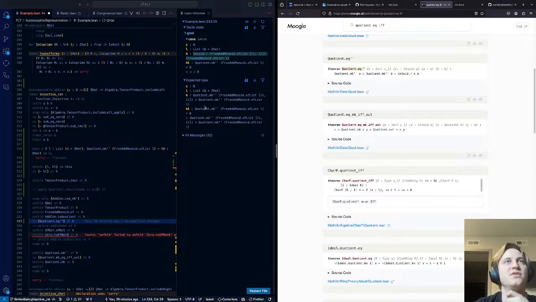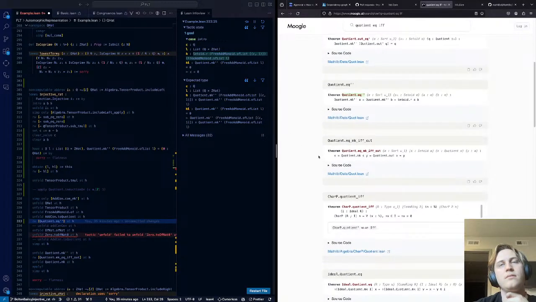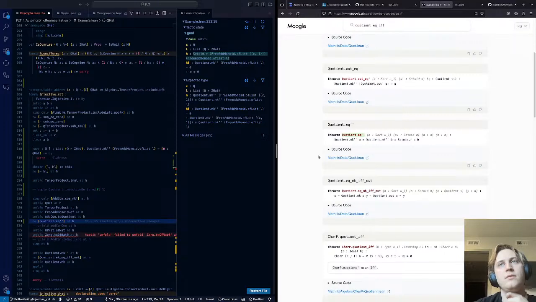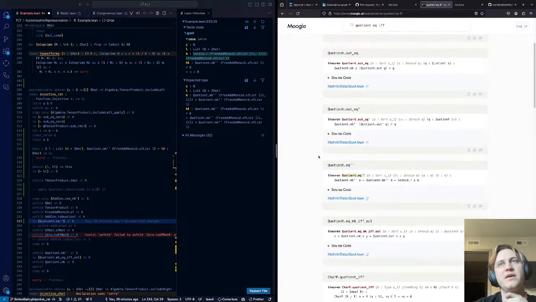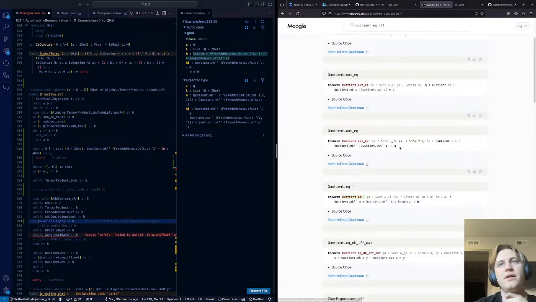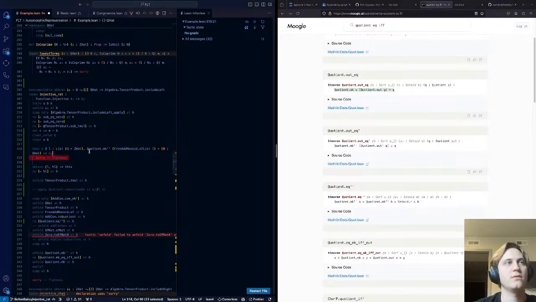I guess the point is that this is quotient.out, right? I can do something like quotient.make of quotient.out. Quotient.out eq prime. I can do this. Q 0.